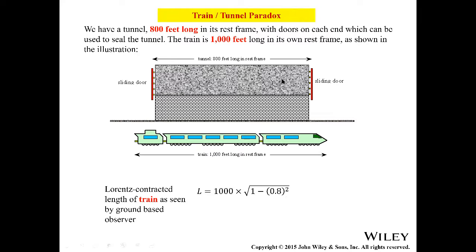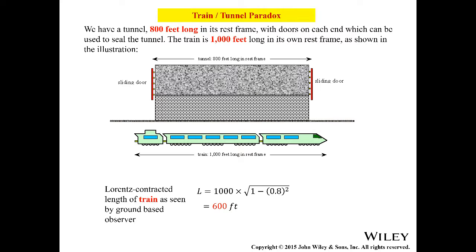Now, if you were moving with velocity 0.8 times the speed of light, then this would be 600 feet. I'm already making use of Lorentz contraction, and I'm feeding in what I will tell you in the next slide, that it is coming by at 0.8 times the speed of light.